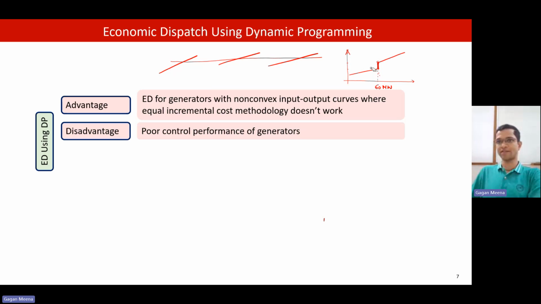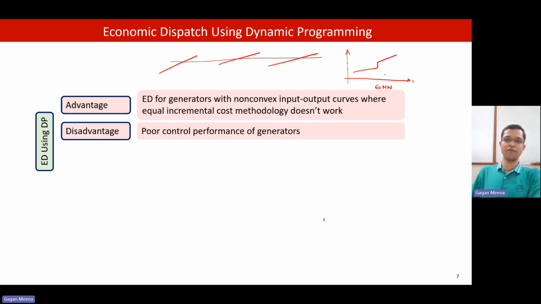In such a case, we cannot use equal incremental cost. And the Newton method and all those methods will also not work if there are discontinuities, as they are applicable for continuous functions.